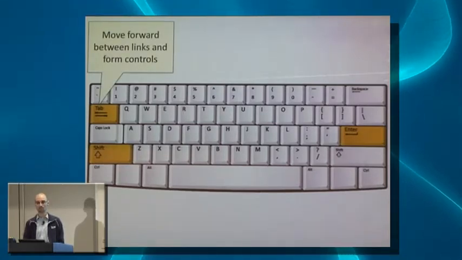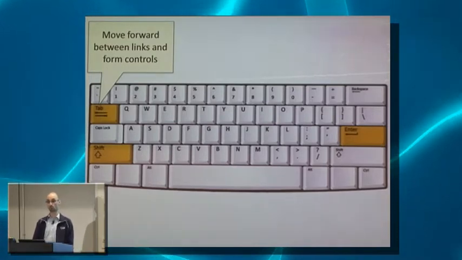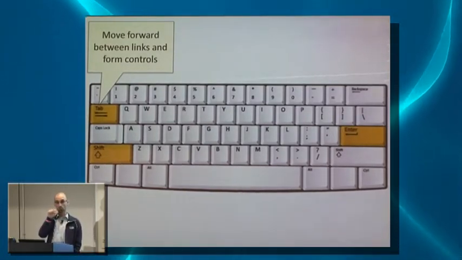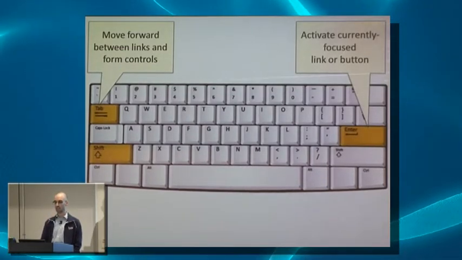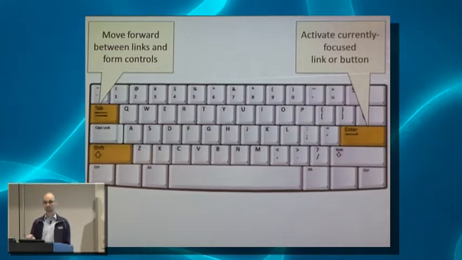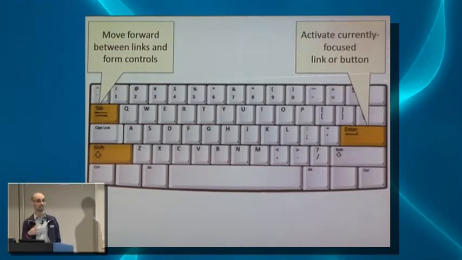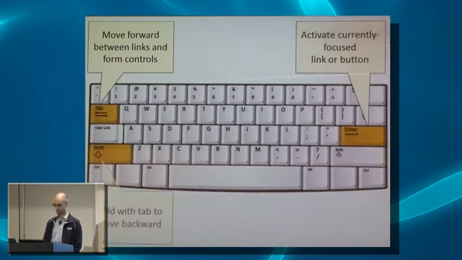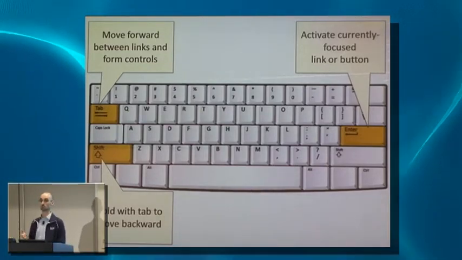So there's the tab key, and that moves forward between links and form controls. And you can actually see the focus moving around as you're doing that. There's the Enter key, which activates the currently focused link or button. So once I have a link highlighted, I can press Enter, and then I can navigate there. And then once again, my friend Shift can Shift Tab and go backwards.